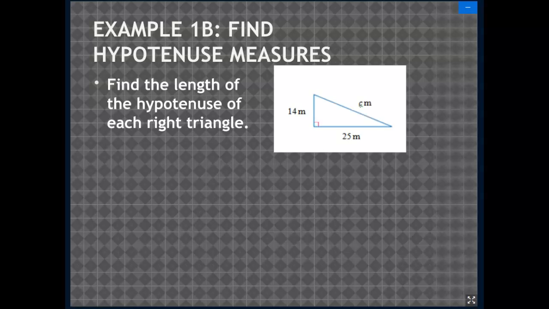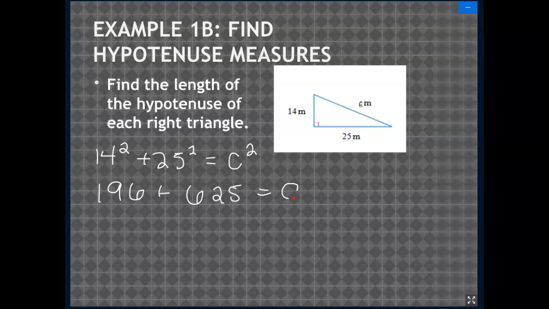In example 2, we're still looking for the hypotenuse again. So we'll say 14 squared plus 25 squared equals c squared. 14 squared is 196. 25 squared is 625.